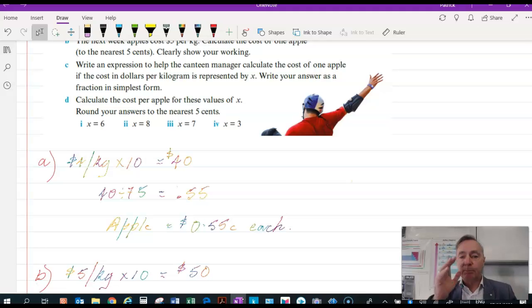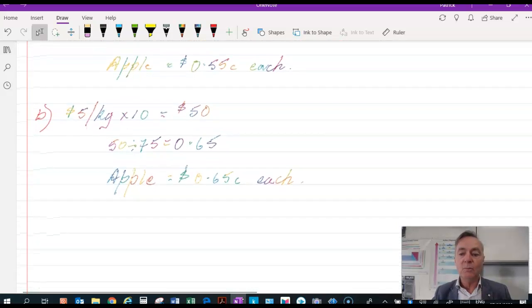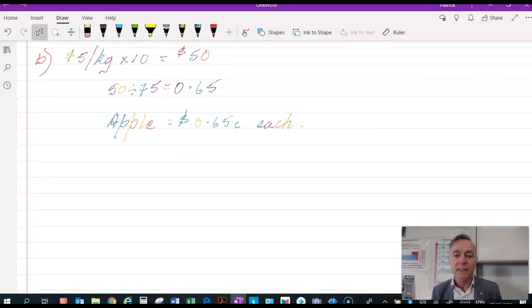Write an expression to help the canteen manager calculate the cost of one apple. If the cost in dollars per kilo is represented by x, write your answer as a fraction in its simplest form. That's exactly what we've been doing.